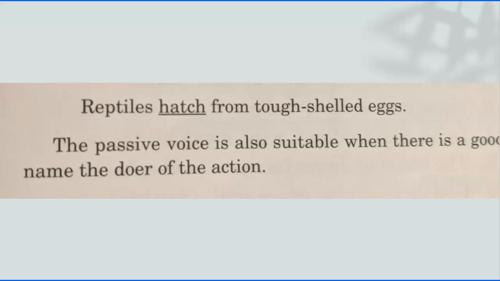So actually, we don't add a direct object here. Reptiles hatch is your subject and verb. That's really all you need. There's not any action being passed to a direct object. Instead, it's passed back to reptiles. But again, we have a prepositional phrase that's popping up in there.